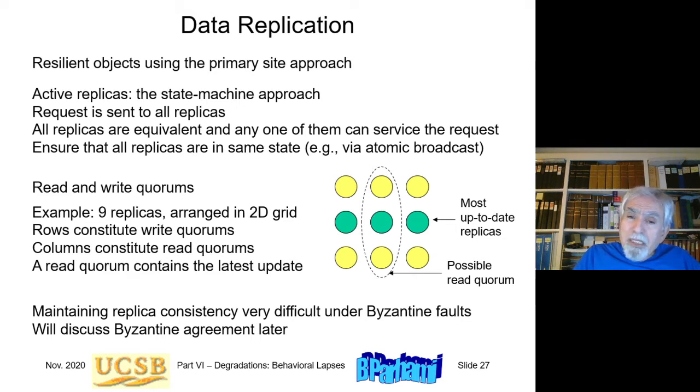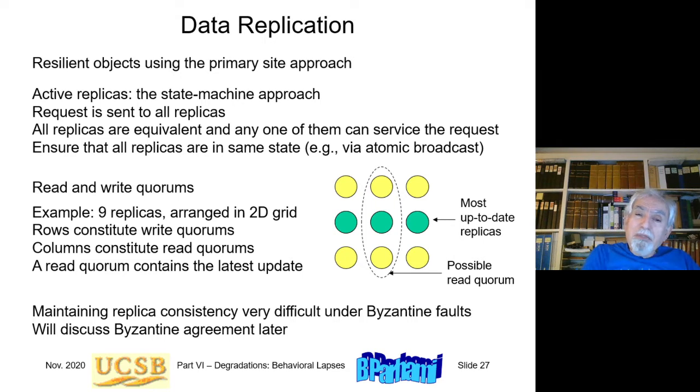These updates typically are done by associating them with timestamps, so that when I read the 3 copies, I don't have to wait for the other replicas. As soon as I read the 3 copies in one column, I start processing them, read the timestamps, identify the copy with the latest timestamp, which is the green one in this example, and then just use that data.